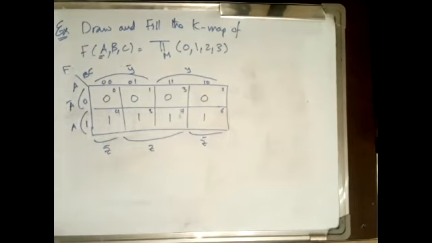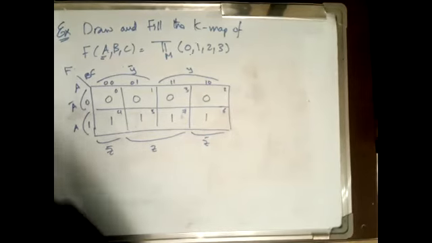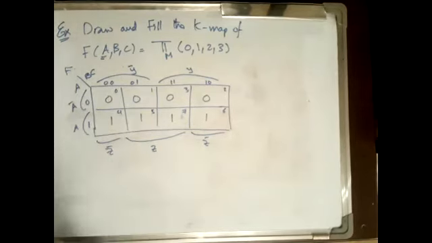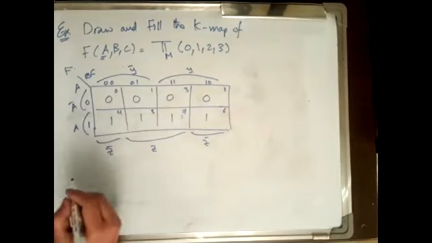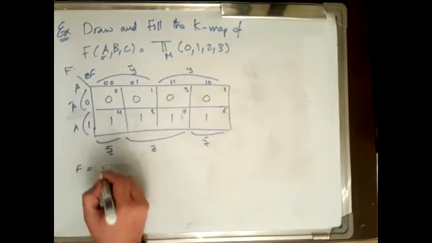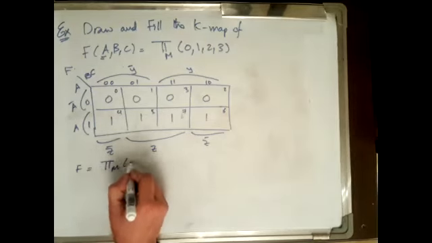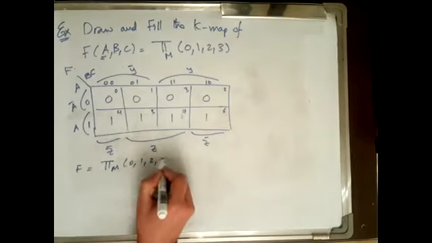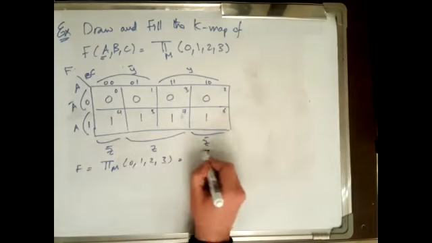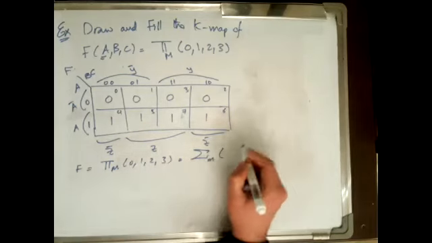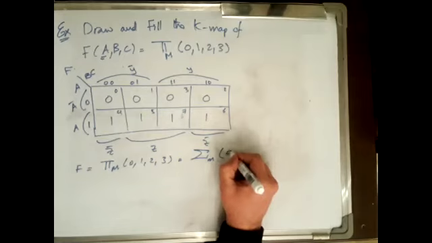However, let's try to do the same trick. Let's try to simplify using algebra. So F is basically the product of max terms 0, 1, 2, 3, or it is the sum of min terms 4, 5, 6, 7.